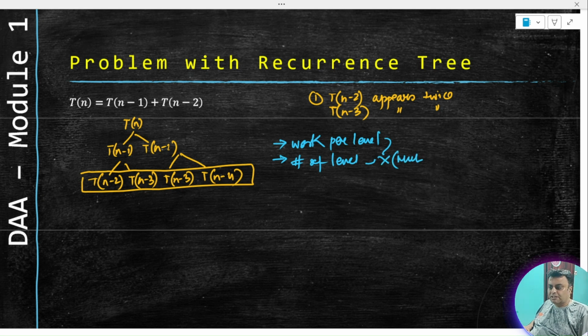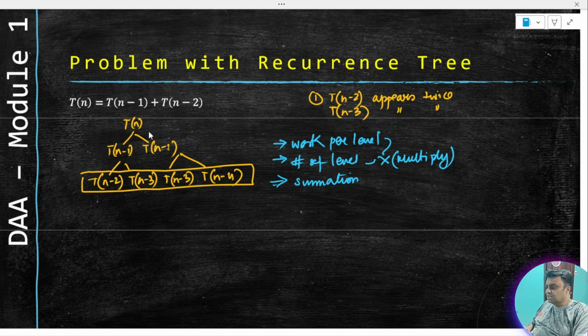You multiply it and you get the total work done. And also I need this total work done in the form of a summation. If you have seen my previous lectures, we typically multiply it, get a generic formula, and then do a summation so that we cover all the levels, and that's how we proceed.